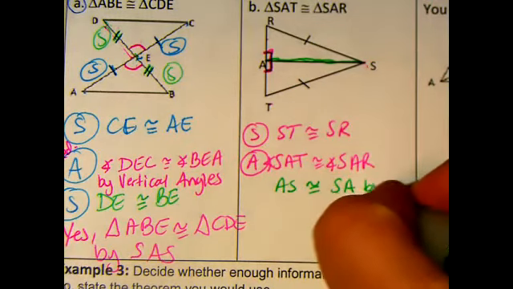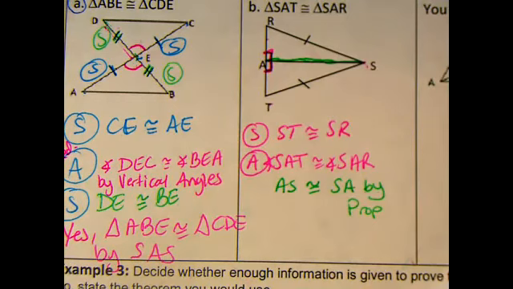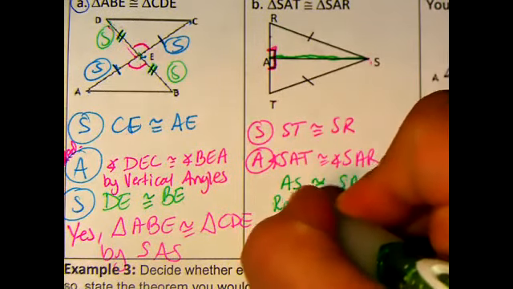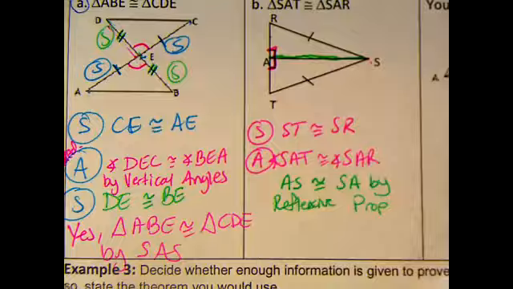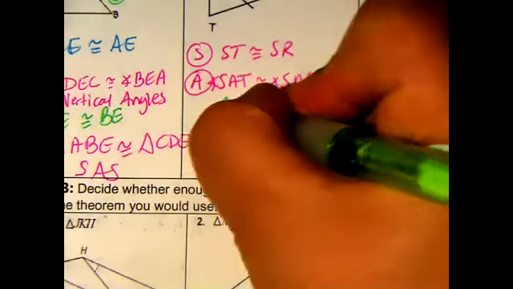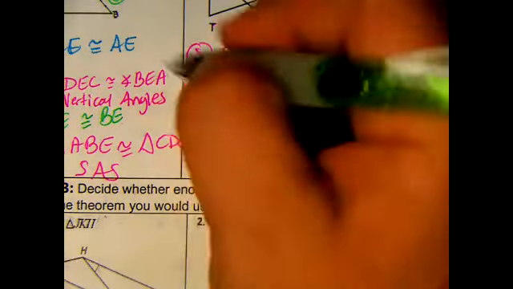That's by what property? We just mentioned it. Come on, guys. It's on the front. Reflective property? Yes, reflexive, with an X. Yeah, by the reflexive property.